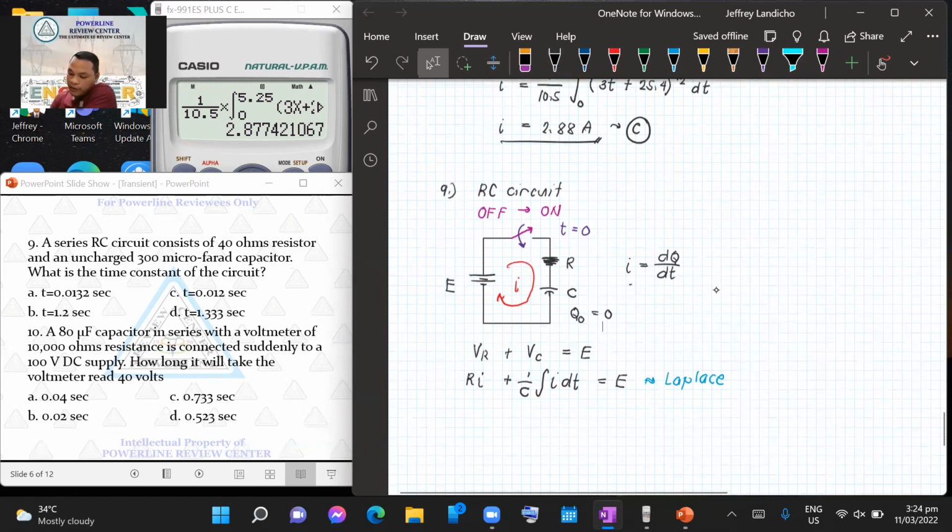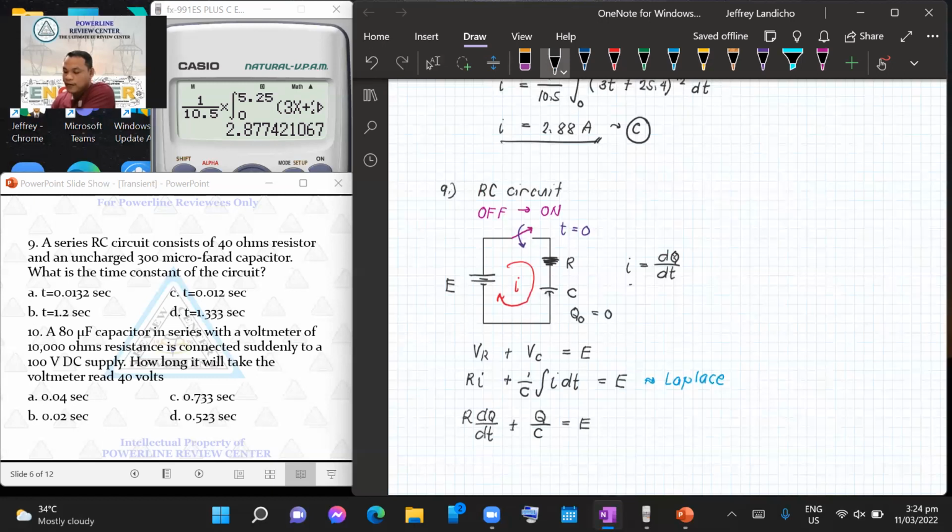So pwede kong palitan ito: R dq over dt plus, kapag si I pinalitan natin ng dq over dt, dt over dt cancelled out, integral of dq, that is q. Kaya alam natin, voltage across capacitor, that would be its given charge in coulomb divided by its capacitance, equal kanino?